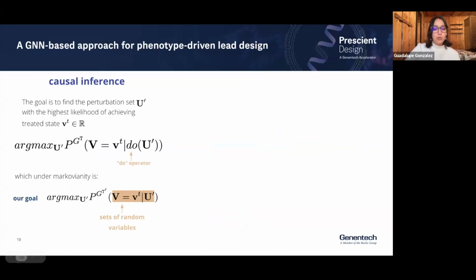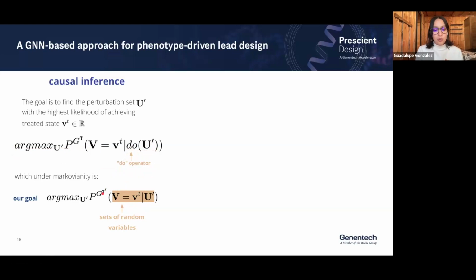So just to recap, the goal that we have is to find a perturbation set U prime with the highest likelihood of achieving the treated state, P superindex C. And so that's represented in this equation, which under the assumption of no unobserved confounders transforms into a conditional probability upon the graph that has the mutilations due to these interventions.